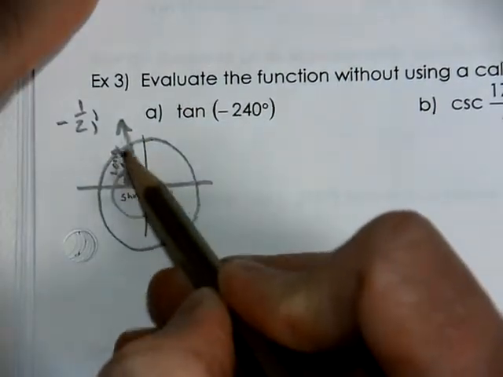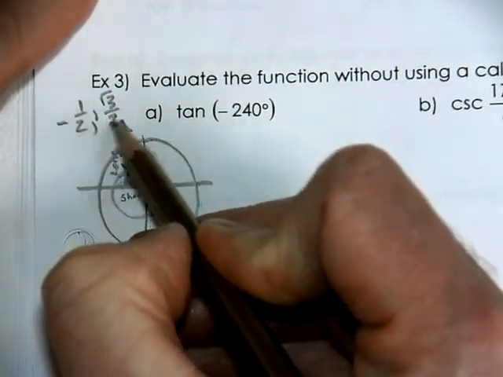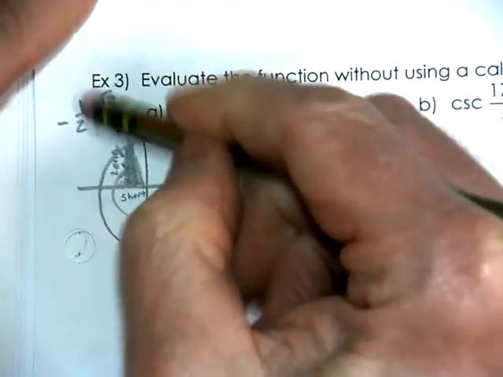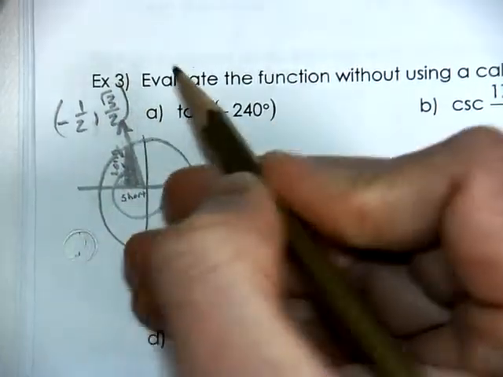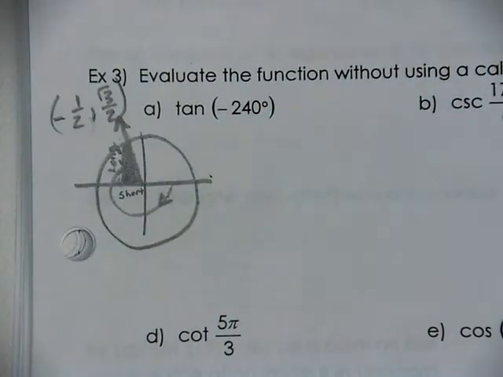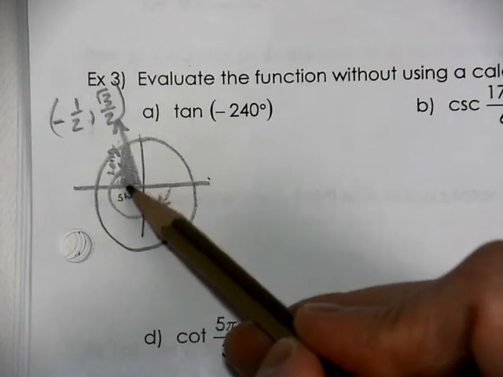The long, the y value, tells us it's going to be root 3 over 2. So you need to think about what is your coordinate at that angle value, at that theta. In terms of a reference angle, the reference angle would be 60.